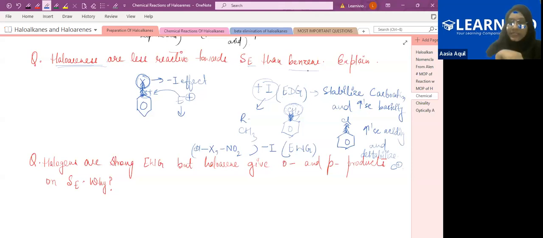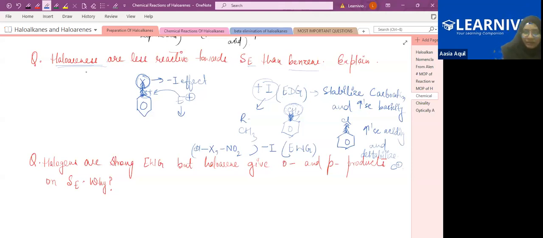That carbon attains partial positive charge, and due to partial positive charge, when the electrophile comes, they try to approach that carbon, so they feel repulsion. Okay, so there it has a problem, a little difficulty to attack that position. The electrophilic substitution is possible, but it takes time, the rate of reaction is less, and the haloarenes are less reactive towards electrophilic substitution than benzene.